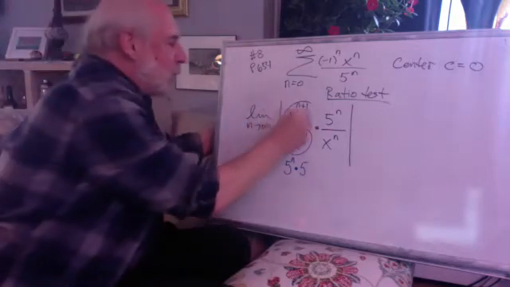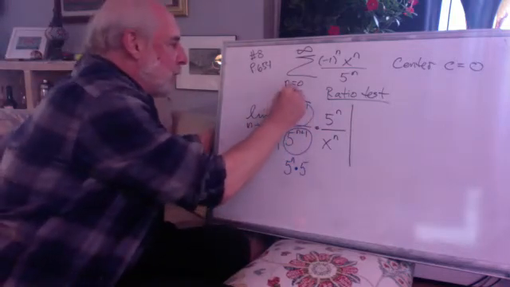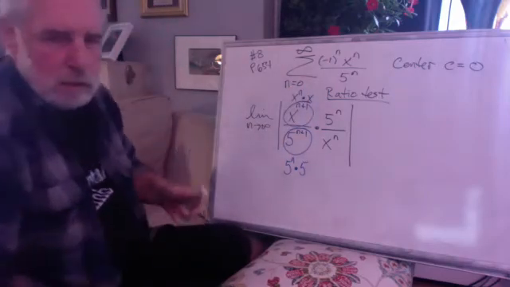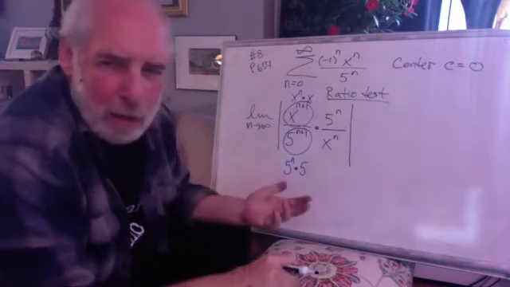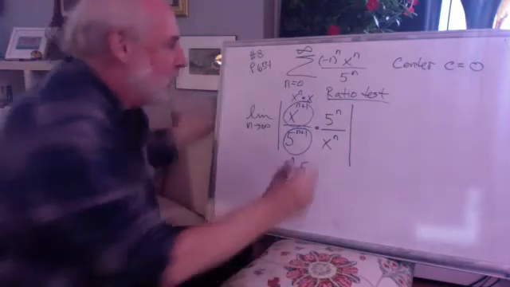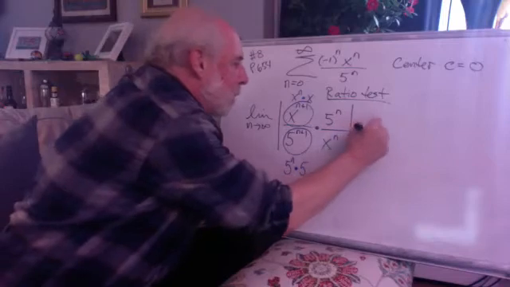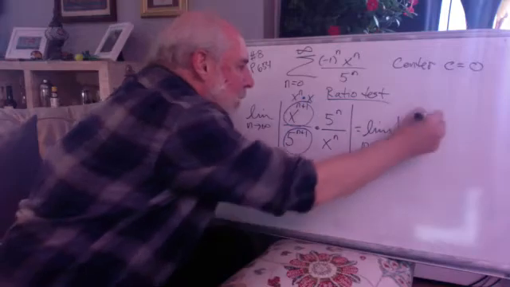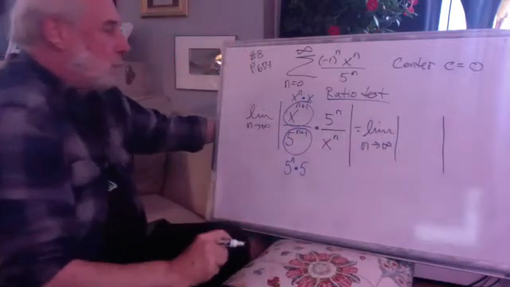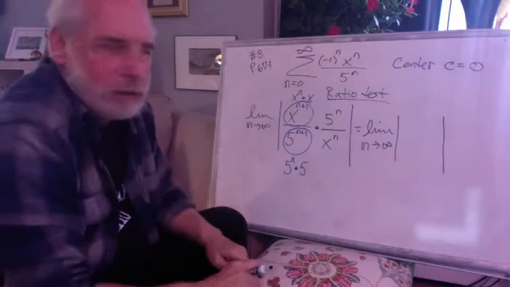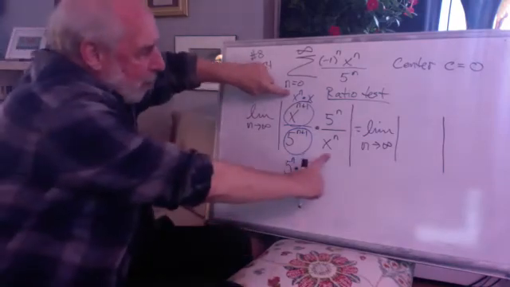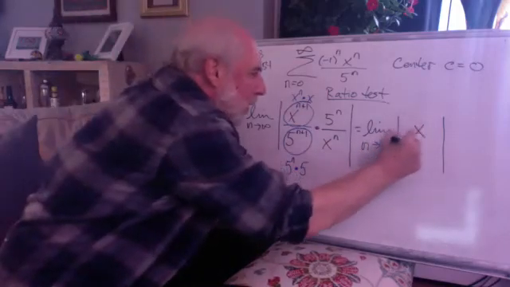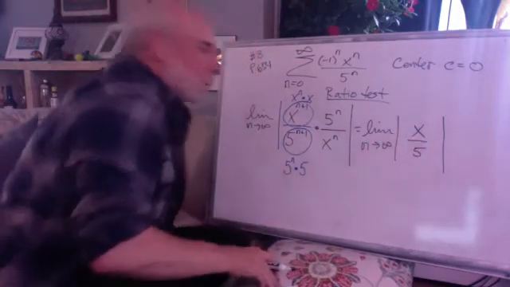And x to the n plus 1 is x to the n times x to the first, which is kind of what happened on the last question there a little bit. So this now gives us the limit as n goes to infinity. And after everything is canceled out, what are we left with? The x to the n's cancel out, the 5 to the n's cancel out, and so I'm left with x over 5.